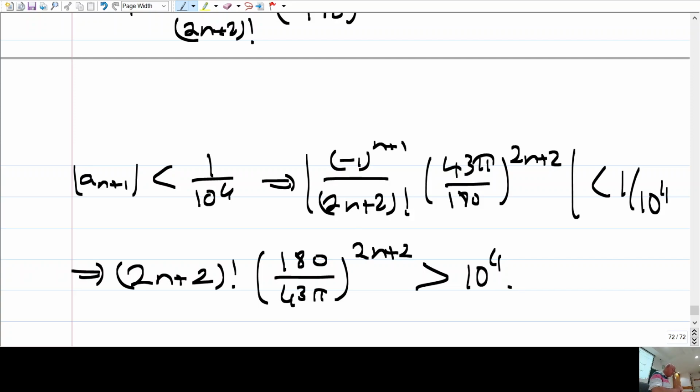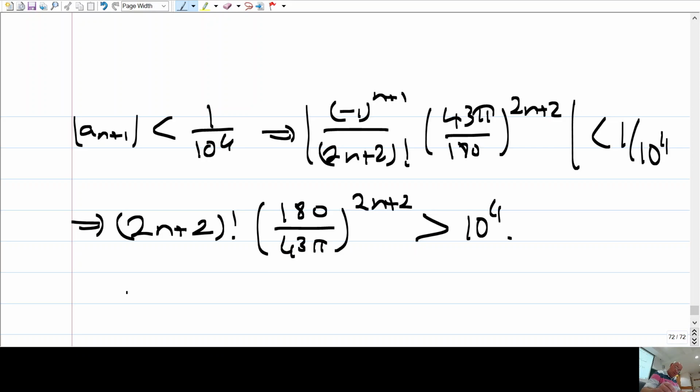Let's see what we find for this. It turns out n equals 4 works. If you write 4 you get 10 factorial and the 10th power of this.